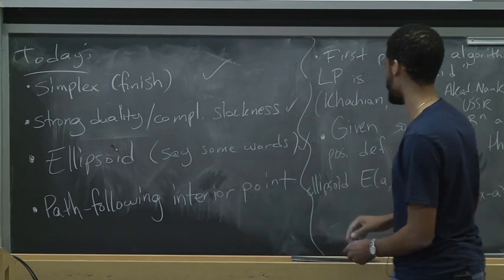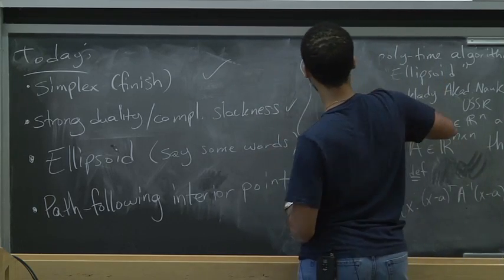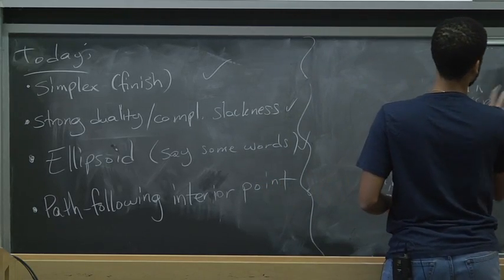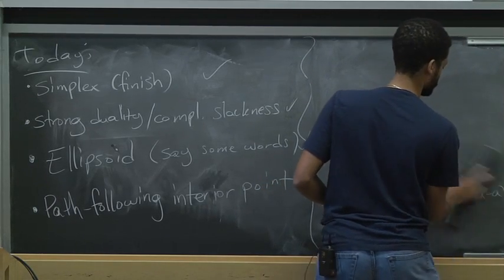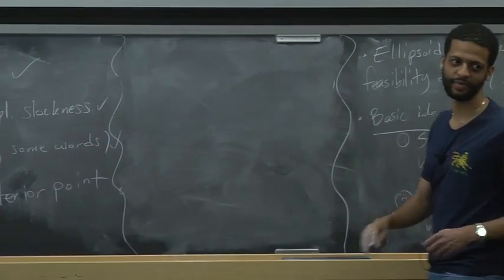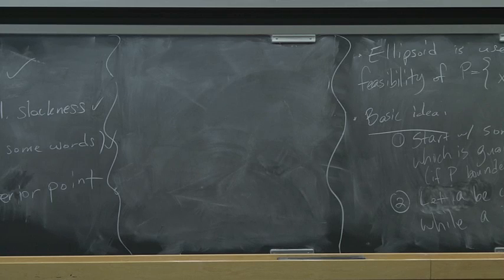Now, path following interior point. I only have about 6-7 minutes, so I'm just going to give you a flavor of what interior point is all about, and then next time I'll tell you the details.